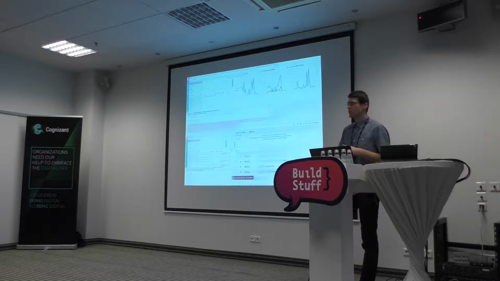And the final example: at BuildStuff we heard a lot of talk about serverless, about Lambda functions and all that fun technologies. And when you execute a Lambda function, you want to see what really happened. And when you're refreshing the CloudWatch logs, you can get the first message, and then you refresh. Okay, now the final log message is received.